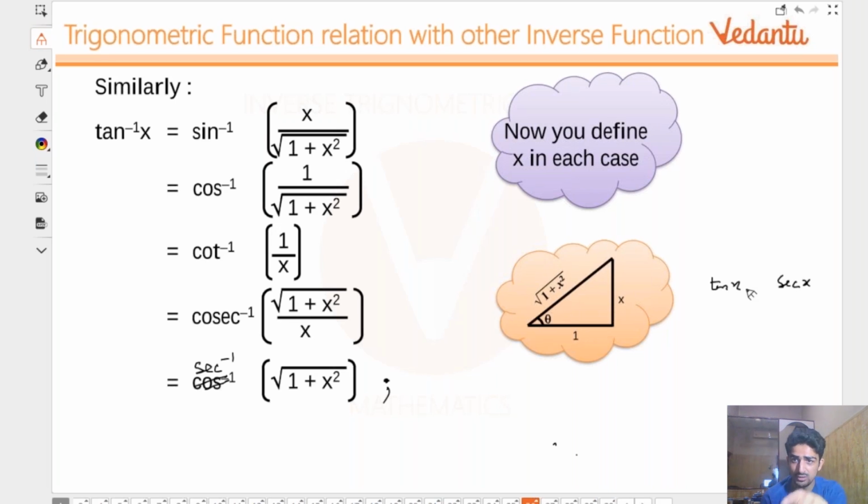Just focus on what I'm asking you to do. Write the common principal domain and then find the value of tan at that, and tell me what the condition is. It is minus pi by 2 to pi by 2. It is 0 to pi except pi by 2. So the common part will be 0 to pi by 2.